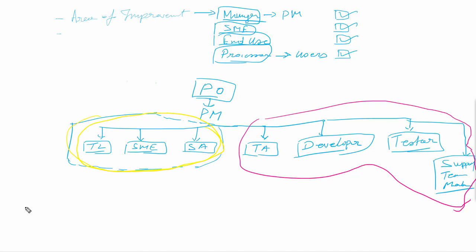So now how does this entire life cycle of a business improvement work? There are multiple different ways we can drive it, but typically an idea comes in. I already highlighted these are the sources. Once it comes, it goes to the project manager, and the project manager decides whom to involve. They loop in the team lead, who has the ground level details. For example, the team lead provides the volume of that particular process, what processes it is cutting across, and how many people are working on the process end to end.